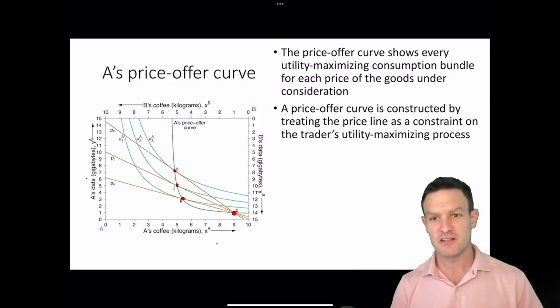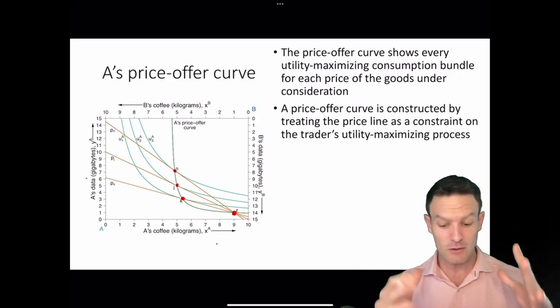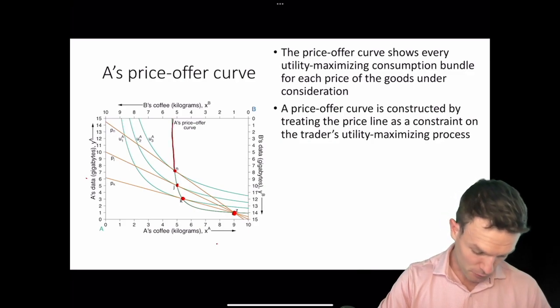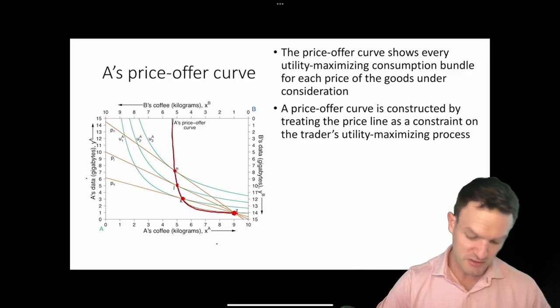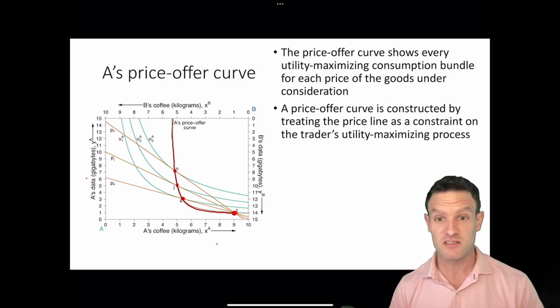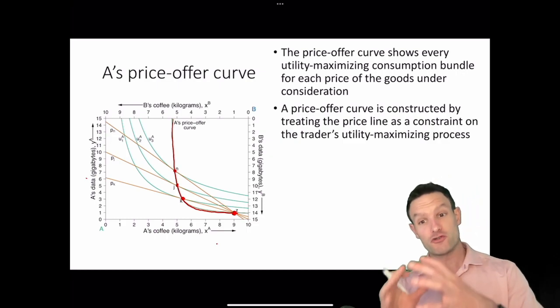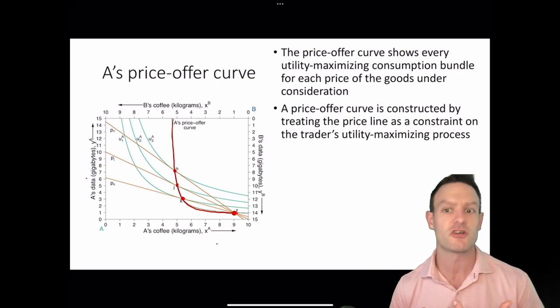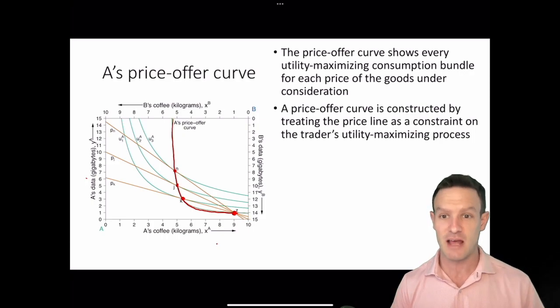For each of those utility maximizing points, when we map them out, that gives us the price offer curve for every single price that he has going through point Z, his endowment. That then gives us Adamo's price offer curve. So what have we done there? We've treated the price as a constraint on utility maximization, giving us an MRT. We then get the MRS from our indifference curve, where MRS equals MRT.